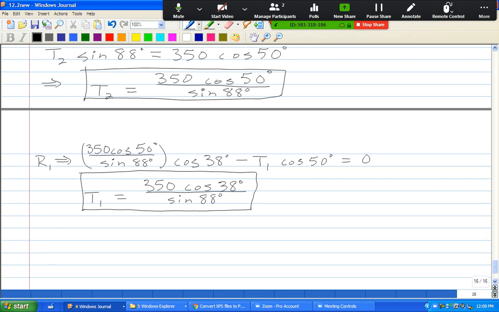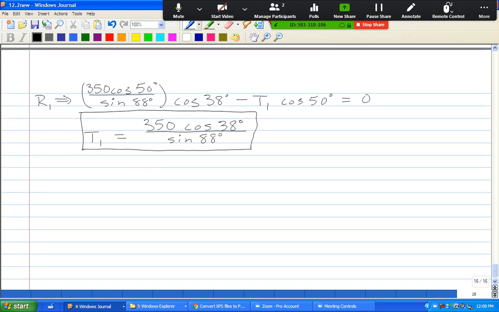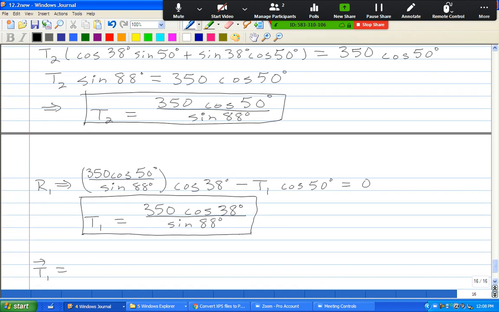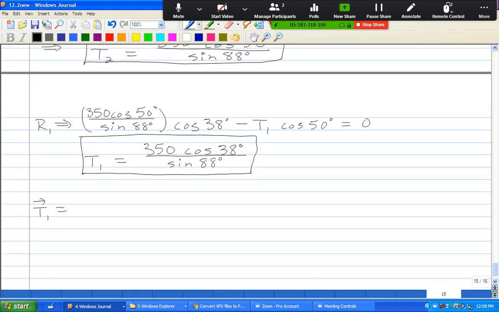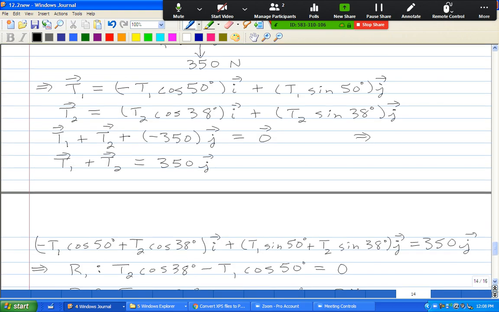So now let me write down their vectors. T1 is, maybe I'll write it as components. It's a minus cosine of 50 times T1.